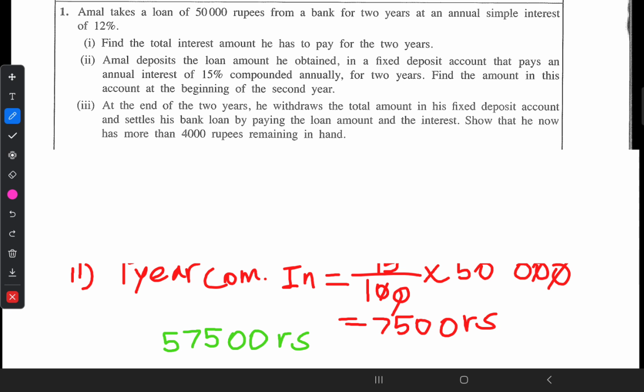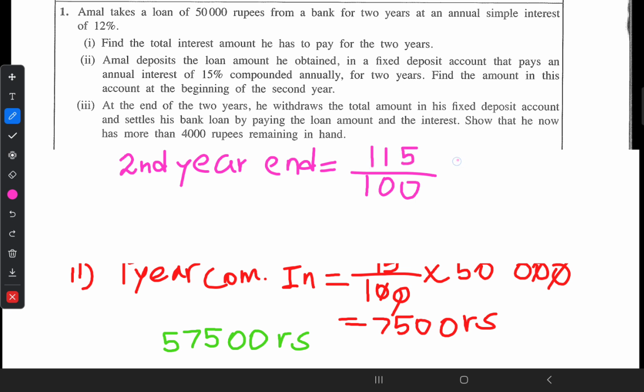Now we need to find the amount at the second year end. What is the amount in his account? What is the percentage? 15 percent. No need to find the 15 percent separately, you can include it as 115 over 100 into the amount.